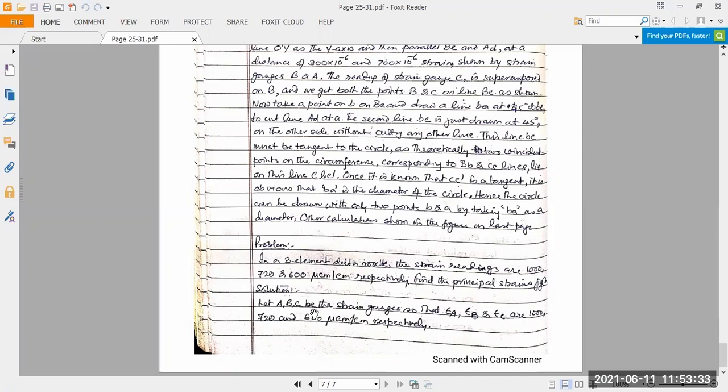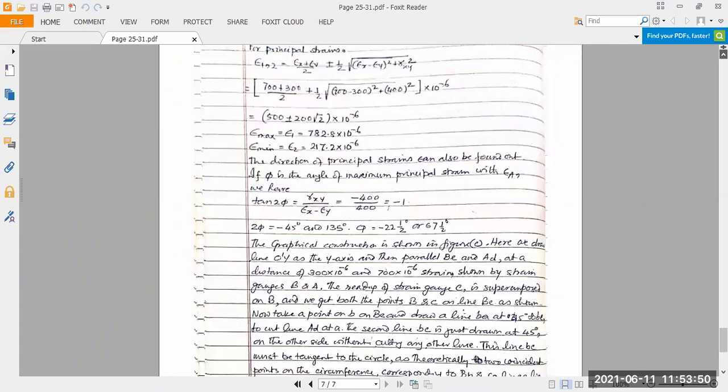Let A, B, C be the strain gauges, so that epsilon A, epsilon B and epsilon C are 1000, 750 and 720 microcentimeter per centimeter respectively. I am going to the next page, but let us clear one point here. Here there is a strain rosette.